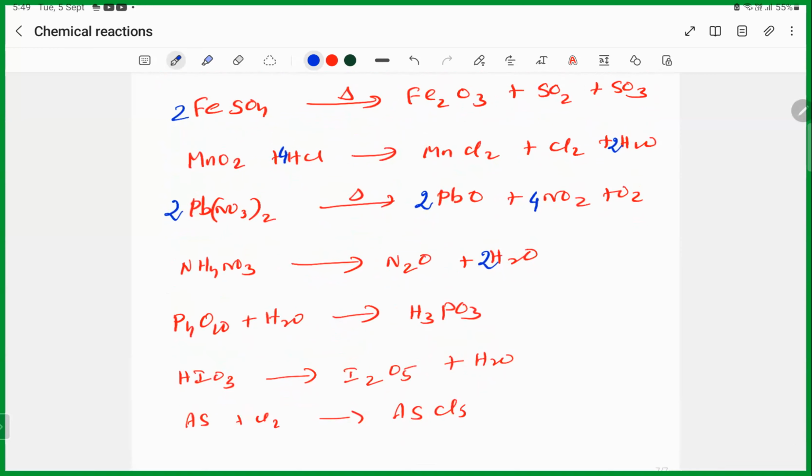Then next one, P4O10. Sir, plus 6H2O gives 4HPO4. 6 plus 10 is 16, but 4 threes are 12 only, no?